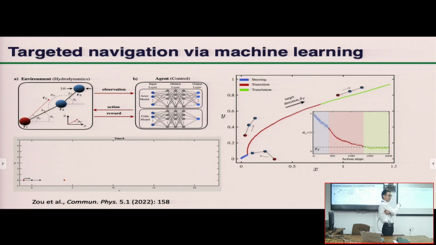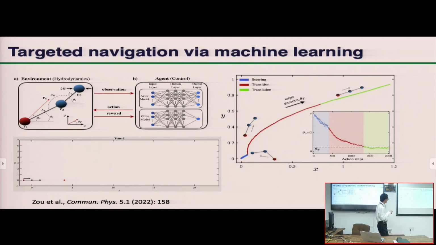Here's a simple example of using machine learning, in this case reinforcement learning, to guide swimmers. This is, again, a simple simulation model of a swimmer that's made up of 3 beads connected by 2 arms. Now this is put in water, and when we talk about swimming or locomotion, we have a gait, right? You take some sort of actuation, and you get a response from the environment, and then that interaction gives you self-propulsion.